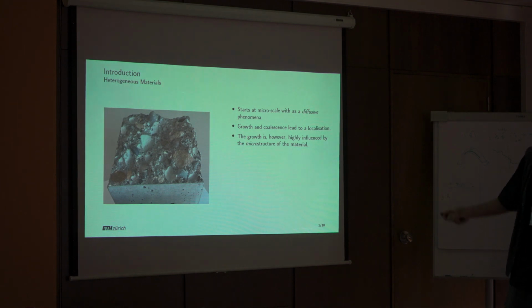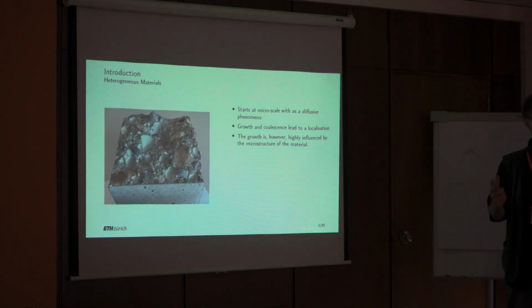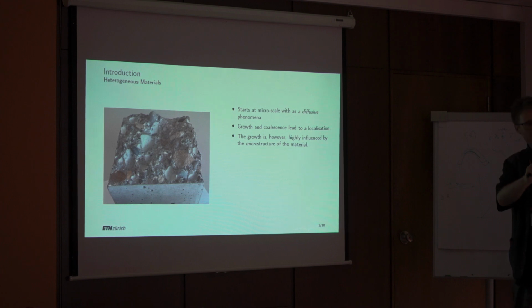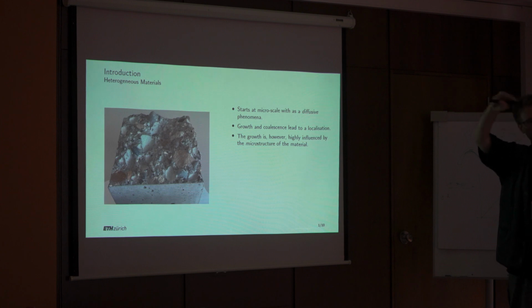Concrete cracking is a multi-scale phenomenon that starts at the smallest scales, where the microcracks behave more or less independently, then coalesce into each other, and finally localize, forming a big macroscopic crack.